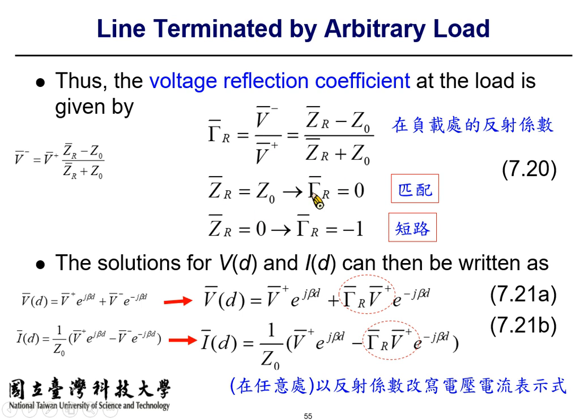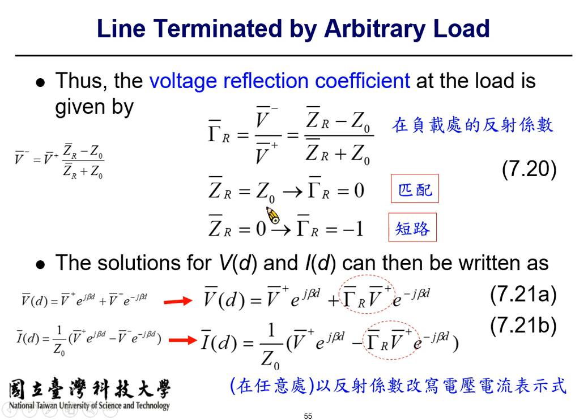So let's examine a few cases. If Z_R equals Z_0, the so-called matched load, then the reflection coefficient will become 0. If Z_R equals 0, which is the case of short termination, then the reflection coefficient becomes -1.